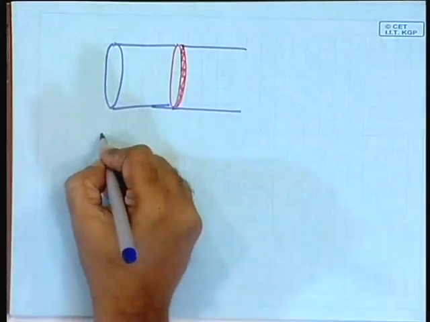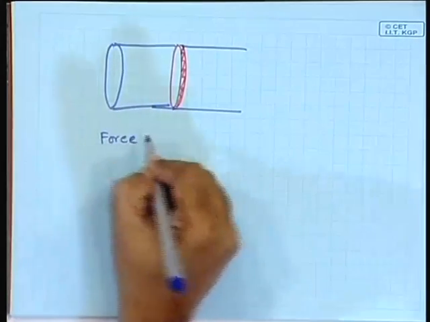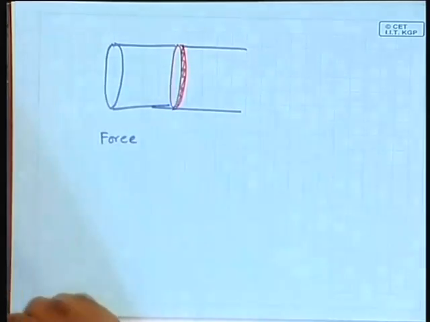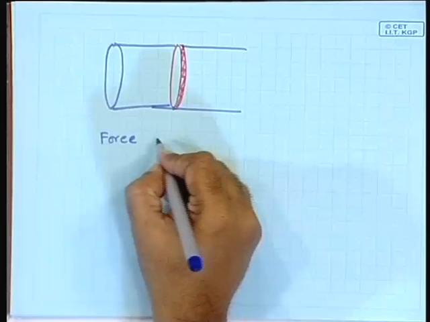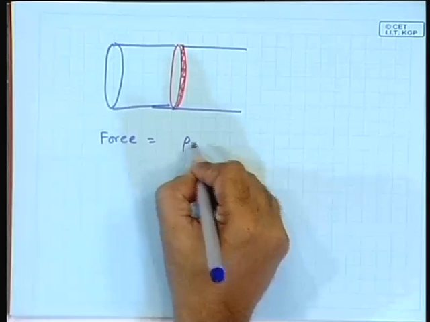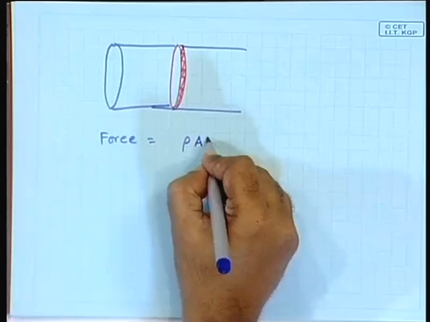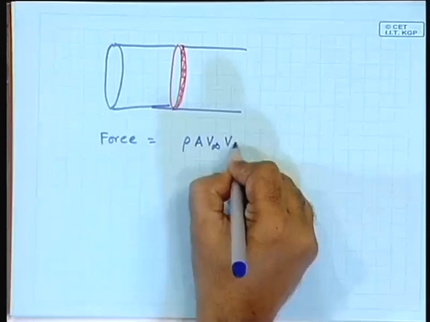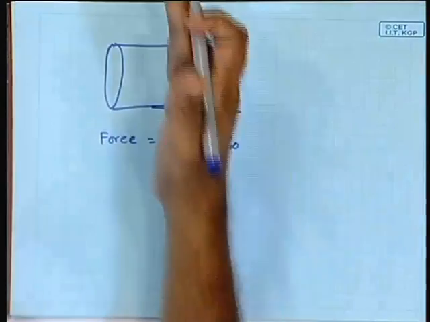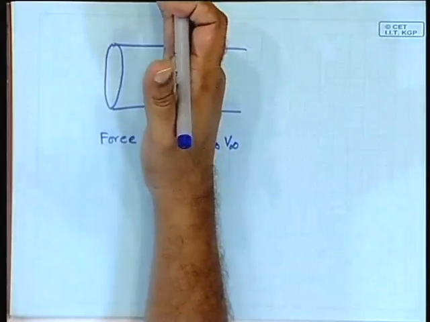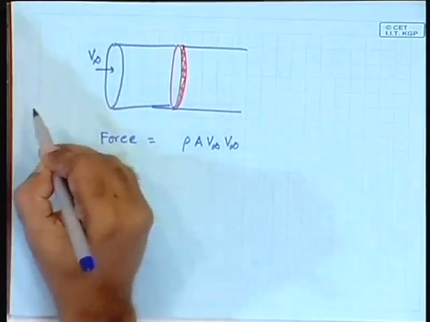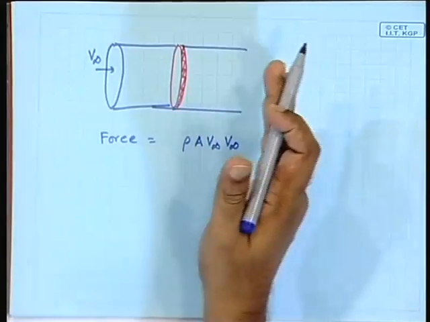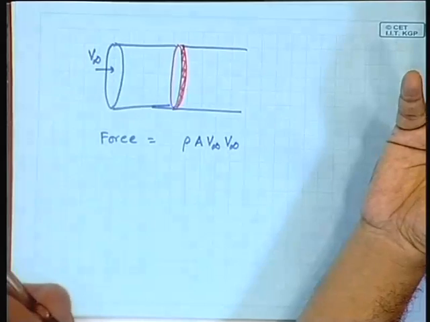The force is the change of momentum, which would be rho a v infinity into v infinity. Suppose this is stopped, this is not moving, then wind was coming at velocity v infinity here, and at that point it is stopped. So how much is the change in momentum?